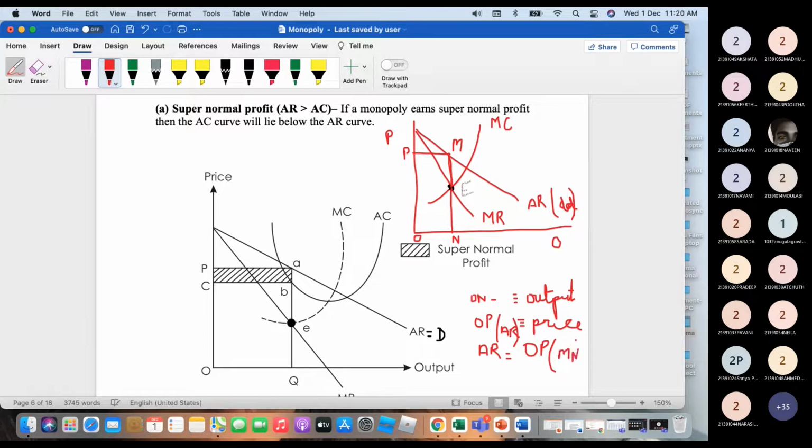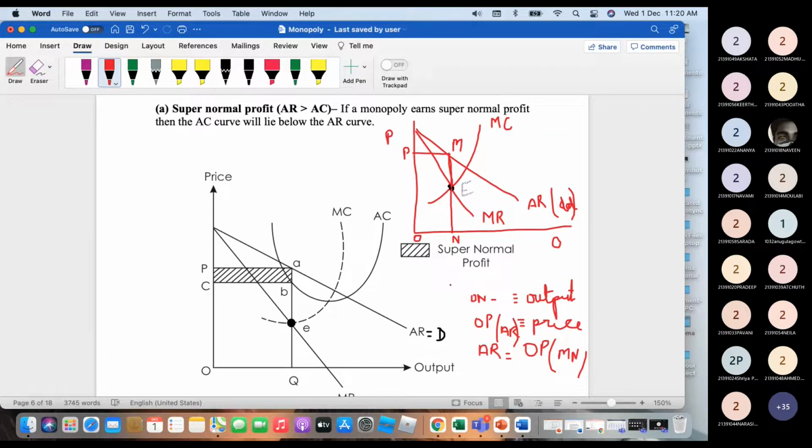Do you think MN is equal to OP, students? Yes, ma'am. Because OP line and OM line, they are parallel to each other, students, so both will be equal to each other.